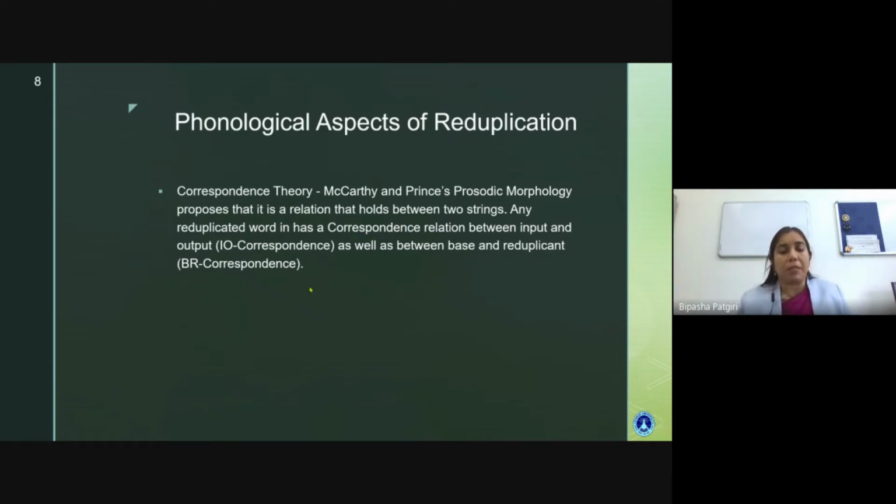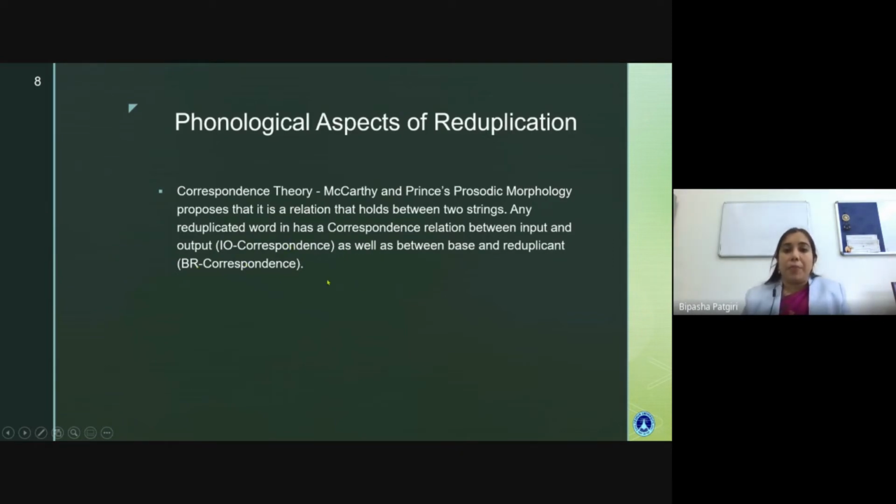Not only phonology, but many other areas of linguistics can be dealt with in the OT framework. Within this correspondence theory, proposed by McCarthy and Prince, we have correspondence between input and output, that is I/O correspondence, or base and reduplicant correspondence, that is BR correspondence.